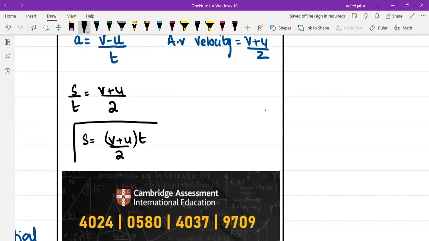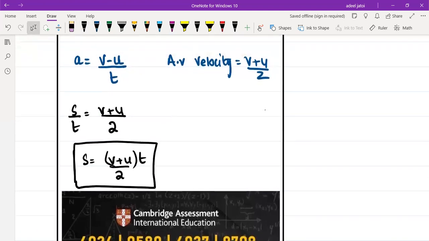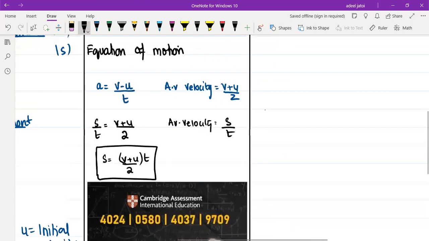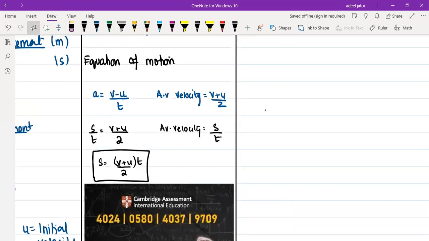This will give me the displacement. Average velocity is S upon T. That is the reason the equation of motion becomes v plus u upon 2 times t.